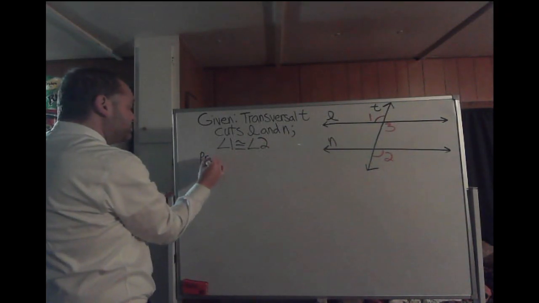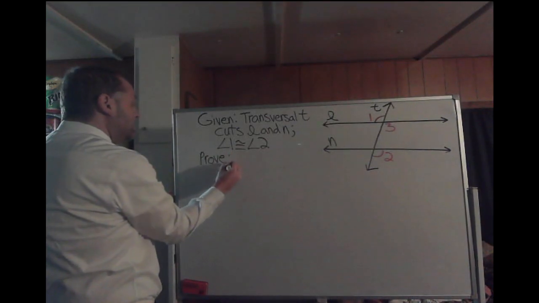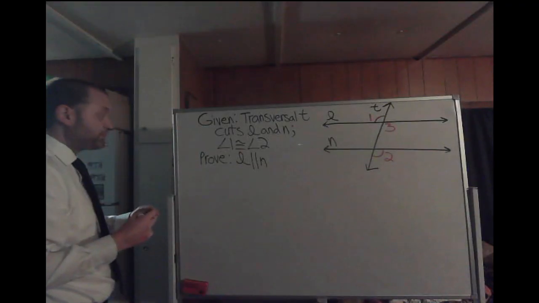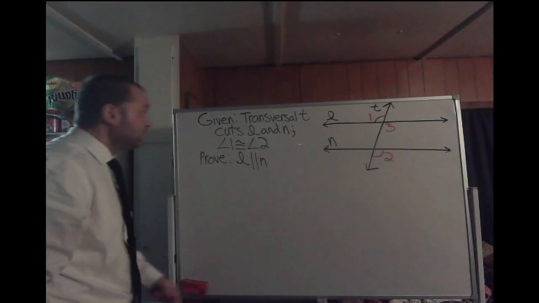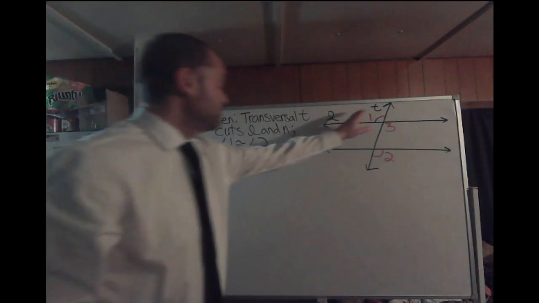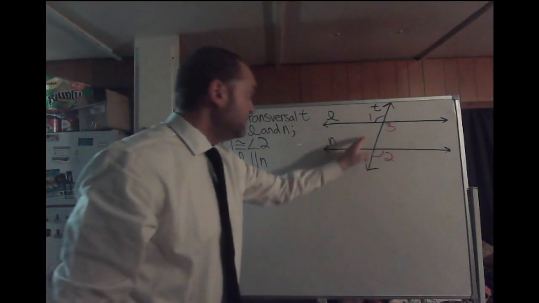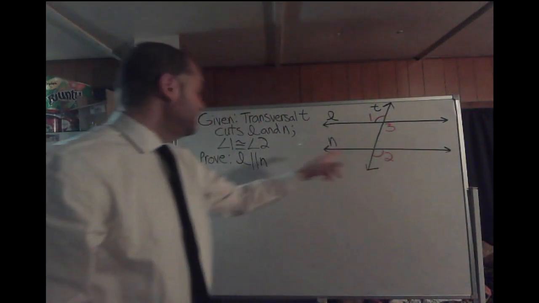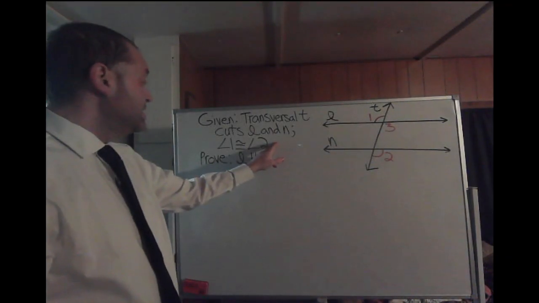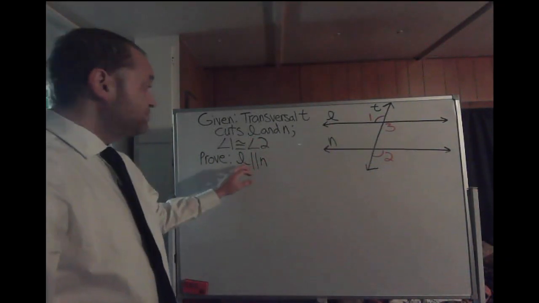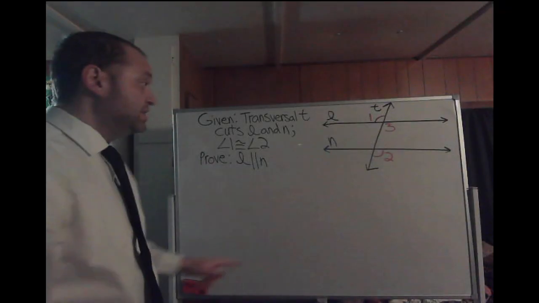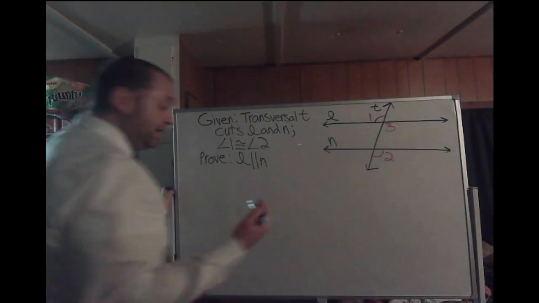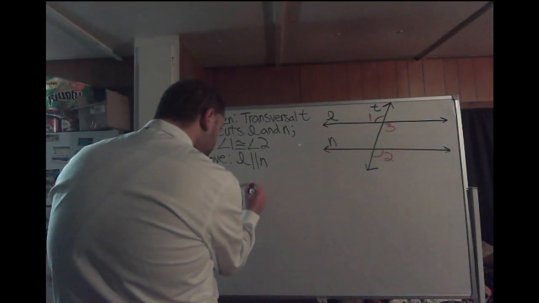What we are tasked with proving is that L is parallel to N. So we're given that transversal T cuts lines L and N, as we can see from the diagram. They even tell us that angle 1 is congruent to angle 2. They give all that to us. Based on all this, we have to prove that line L is parallel to line N, because right now we can't prove it just yet. So let's go ahead and set up our two-column proofs.